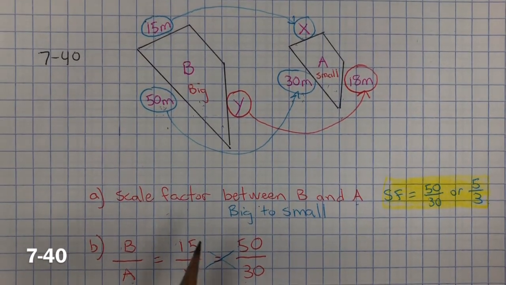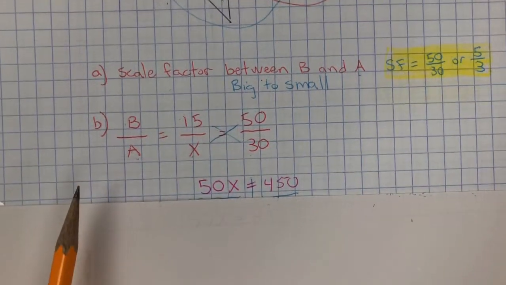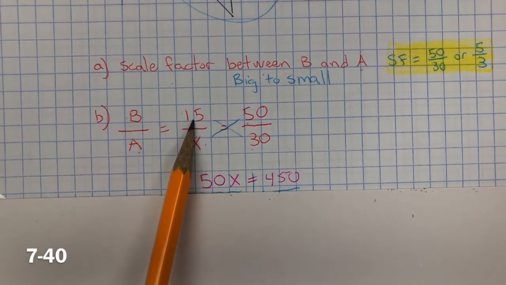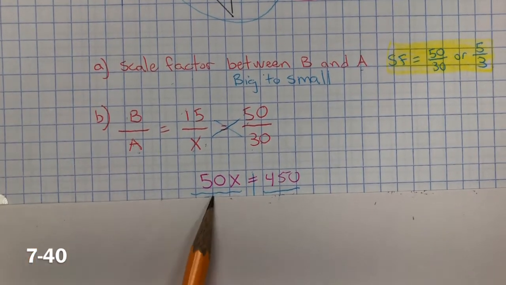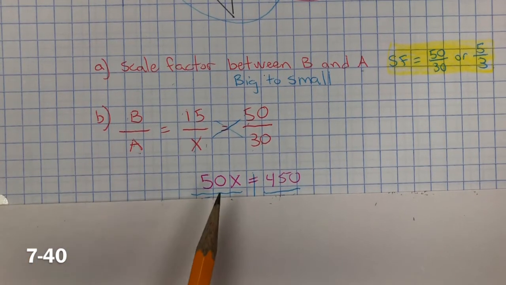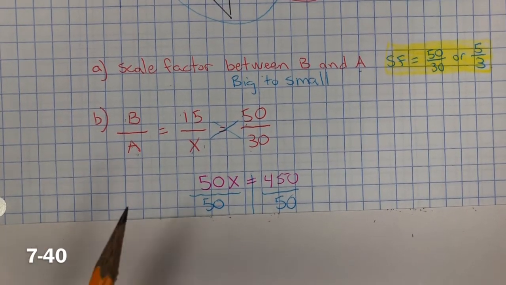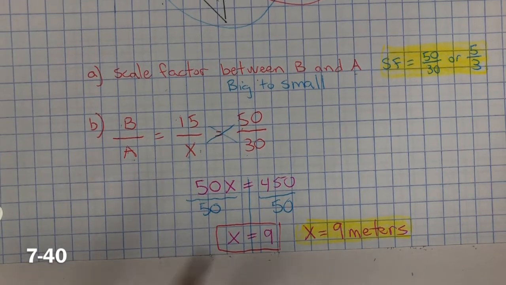And now we cross multiply these. So you have 50 multiplied by x is 50x. 15 multiplied by 30 is 450. Divide both sides by 50 because the inverse property of multiplication is division. Created the giant 1. And you have x equals 9 meters.